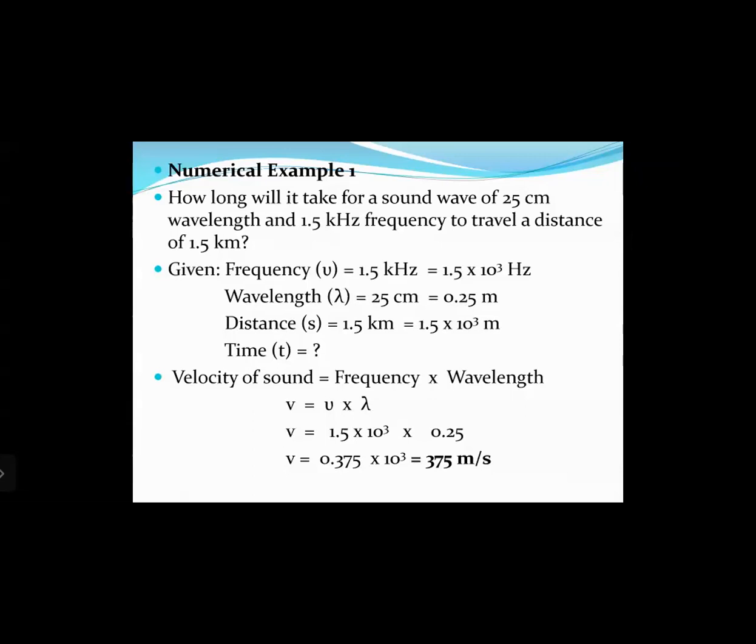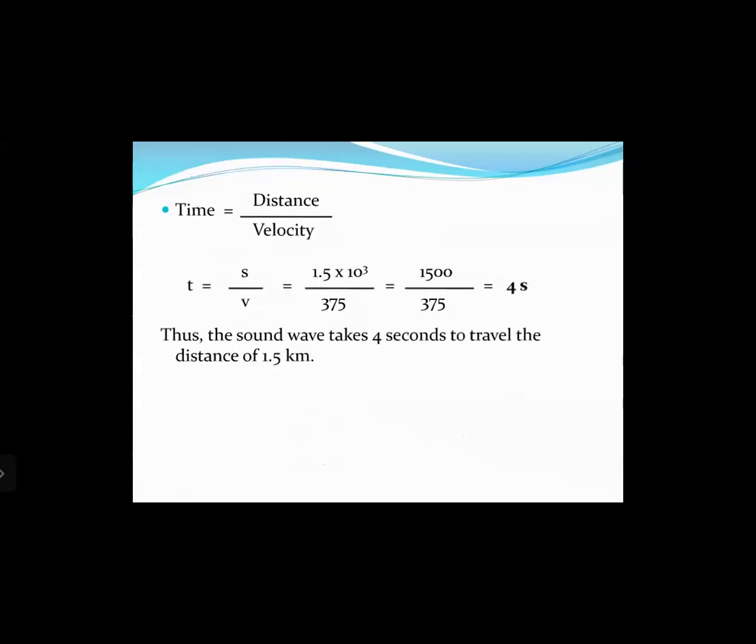So v is equal to 1.5 into 10 raised to 3 multiplied by 0.25, that equals 375 meters per second, right? Then we know time is equal to distance upon velocity. So t is equal to s upon v, which equals 1.5 into 10 raised to 3 divided by 375, that equals 1500 divided by 375, which is 4 seconds. Thus, the sound wave takes 4 seconds to travel a distance of 1.5 kilometers.